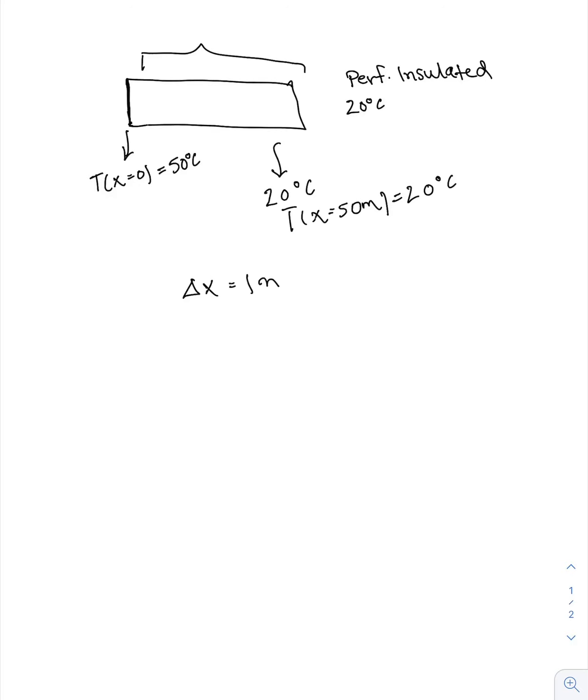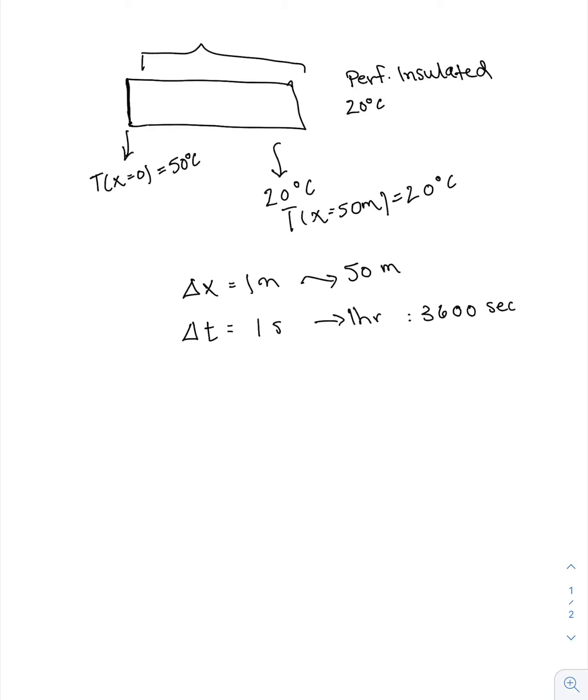And we'll also split up time intervals, since we're examining the temperature of the bar over time. We'll do time segments delta t of 1 second for 1 hour. So that's going to be 3600 segments or seconds. And this will be the length of the bar, 50 meters.